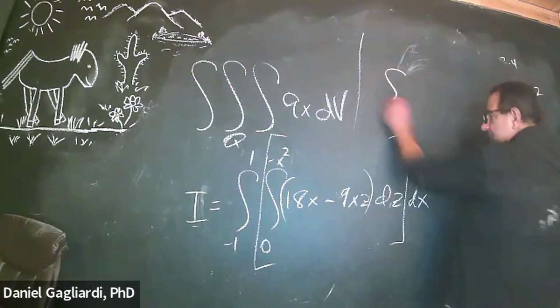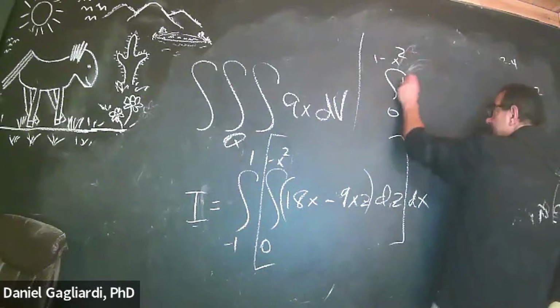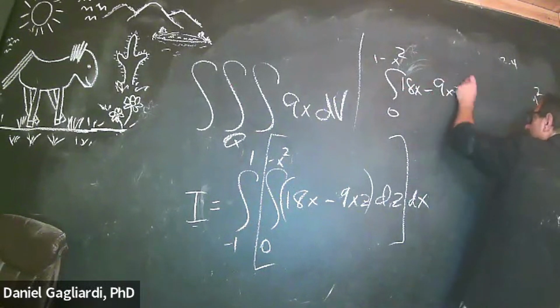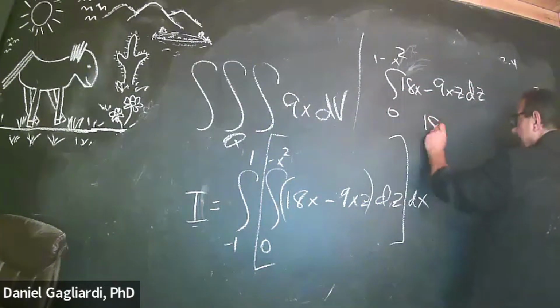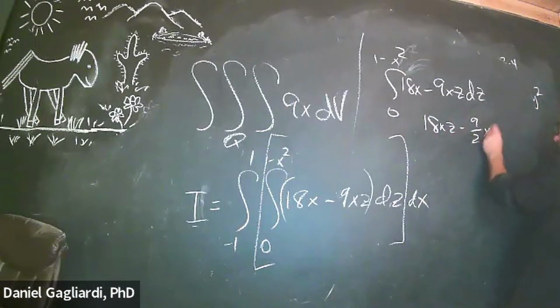So we have 0 to 1 minus x squared of 18x minus 9xz, a partial integral with respect to z. So we have 18xz minus 9 over 2 xz squared, between 0 and 1 minus x squared.